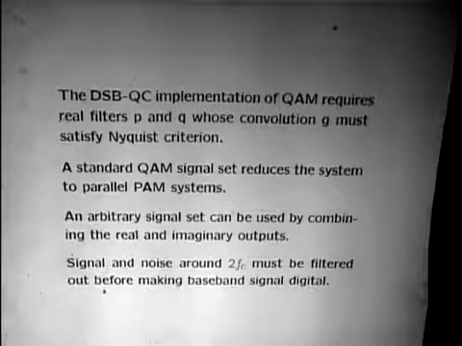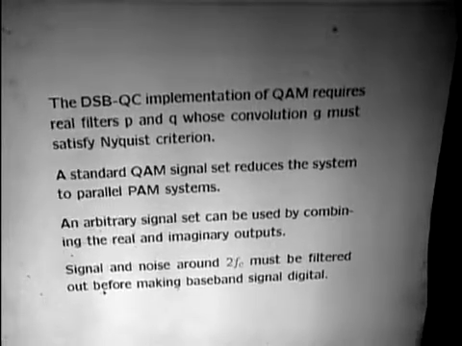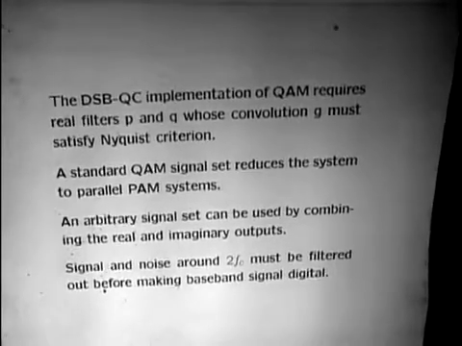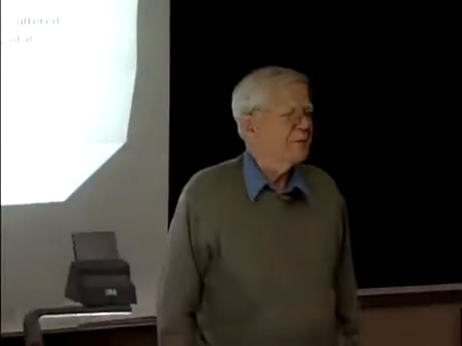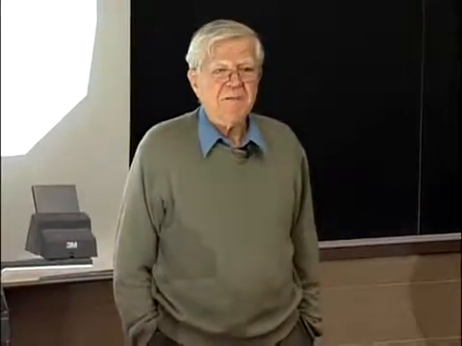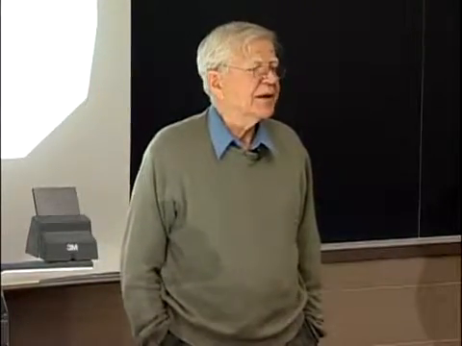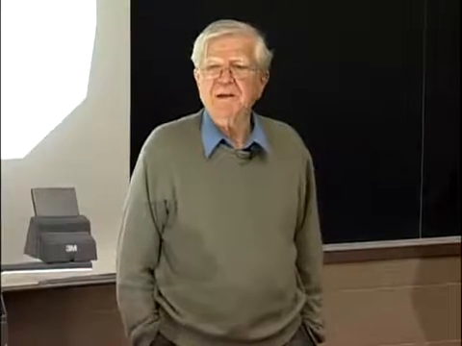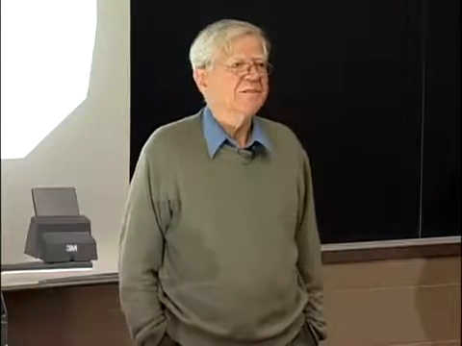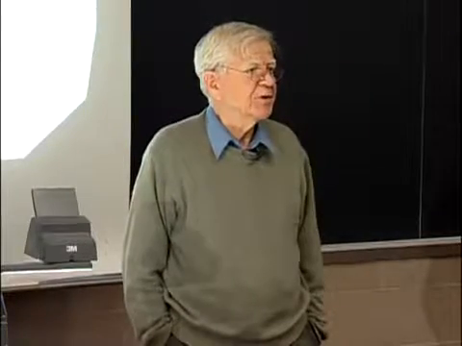Finally, as a practical detail here, we have talked several times about the fact that every time people do complicated filtering, and complicated filtering involves very sharp filters, every time you make a very sharp filter at baseband, the way you do it is you do it digitally.